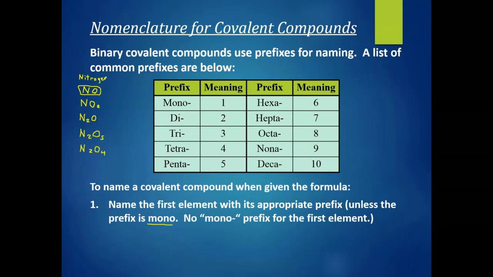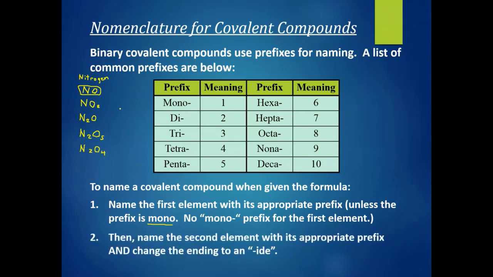I don't have to say mononitrogen. But for the second element, I am going to give its appropriate prefix, and I do have to change the ending to IDE. I use the same rule for changing the endings that I use with ionic compounds.